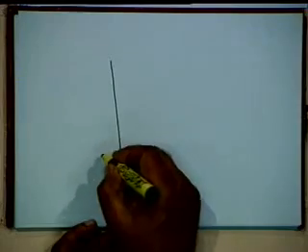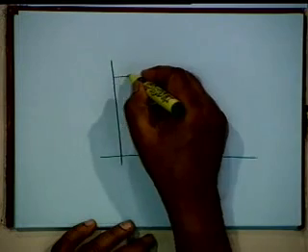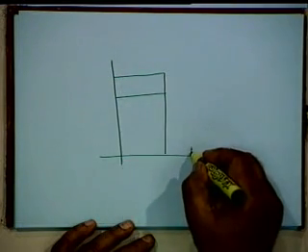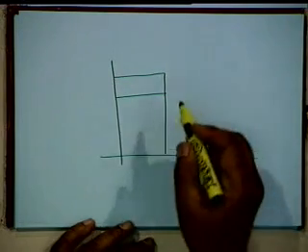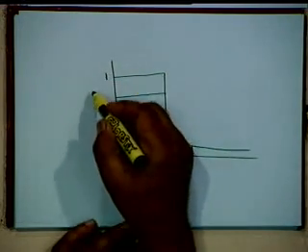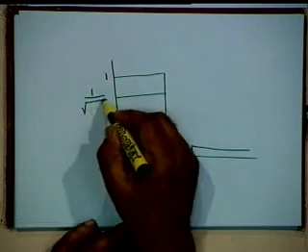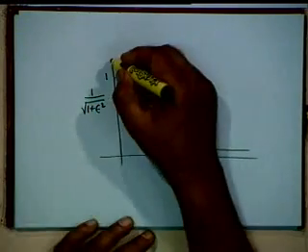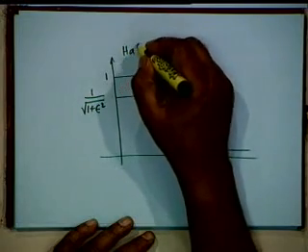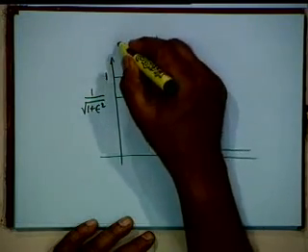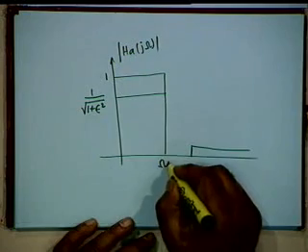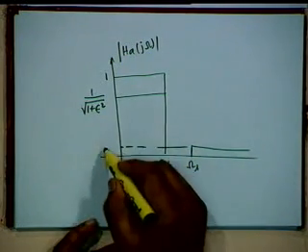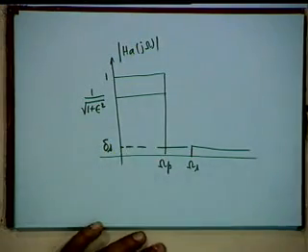Let us see. This is 1, this is 1 by square root of 1 plus epsilon squared, that is the minimum value. This is the magnitude of H_a(j omega), this is omega p and this is omega s, and this quantity is delta s.